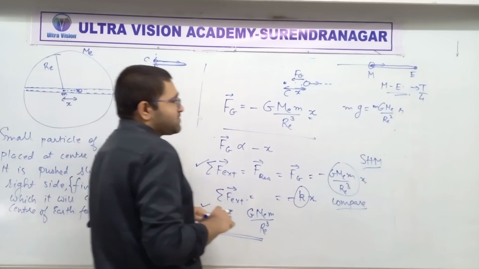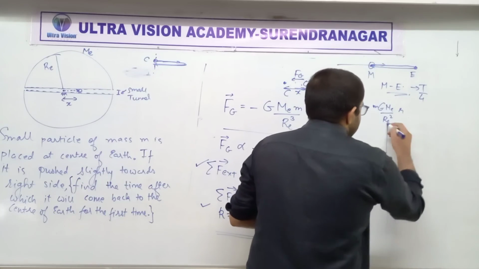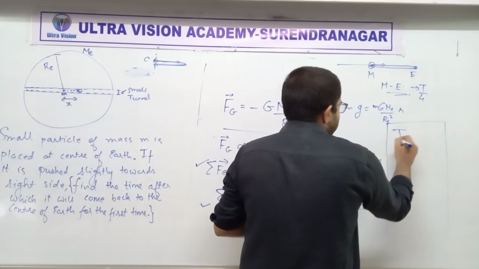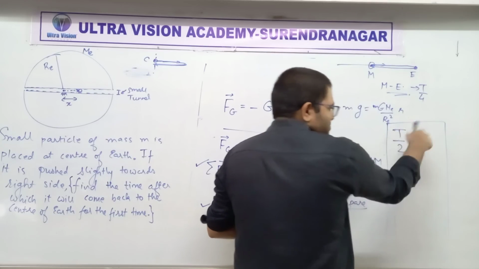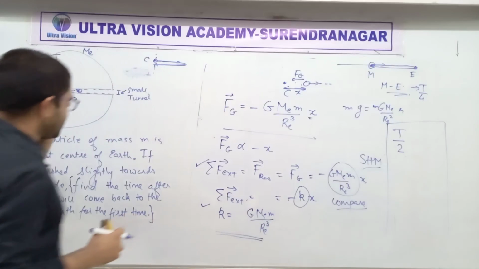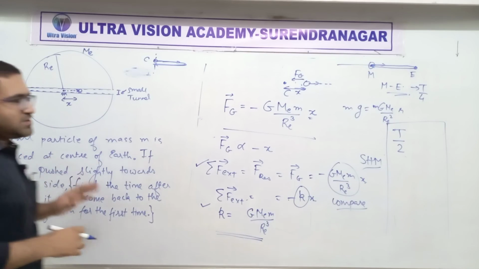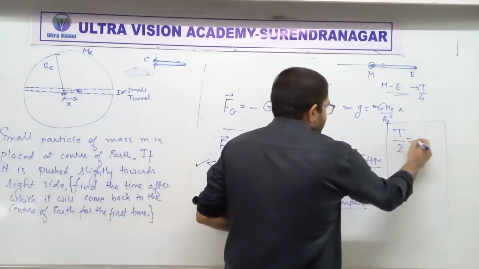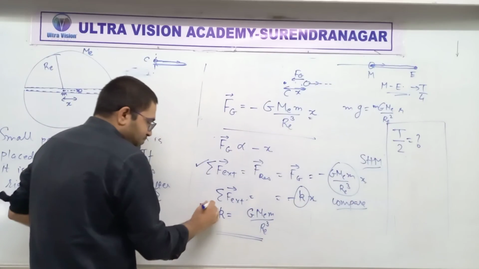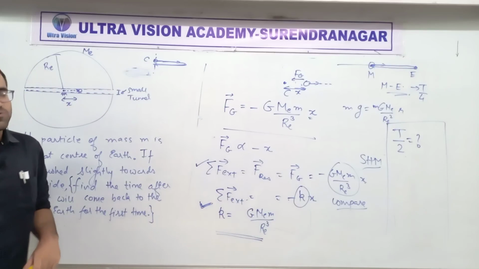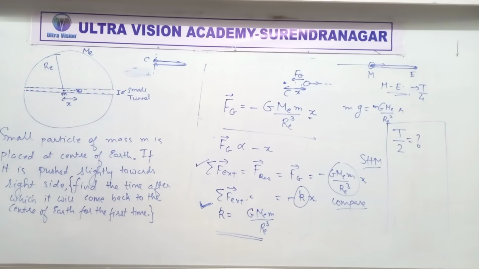So final answer of this question is T by 2, right? But you can't write answer like this. You have to give answer based on what's given here. So can you find T by 2 now using K?